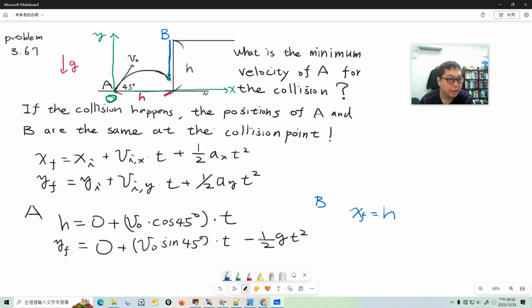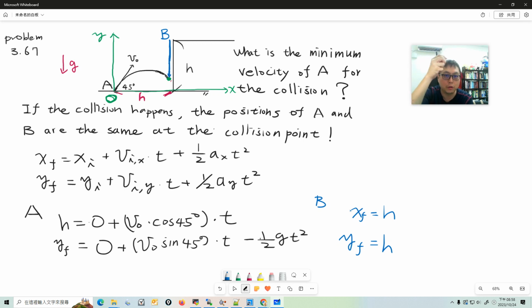Let's also focus on y. For B, the final position of y, I don't know. The initial position of B is here. Be careful, it's h. And its initial velocity is 0, because it's doing free falling and starts from rest.